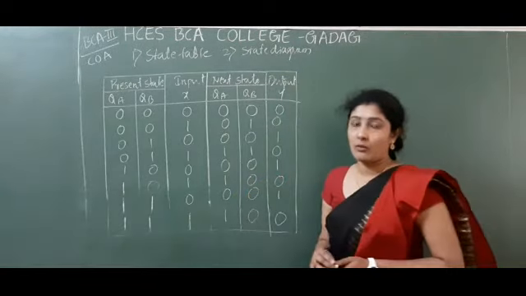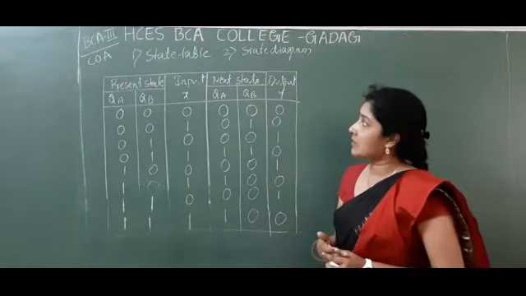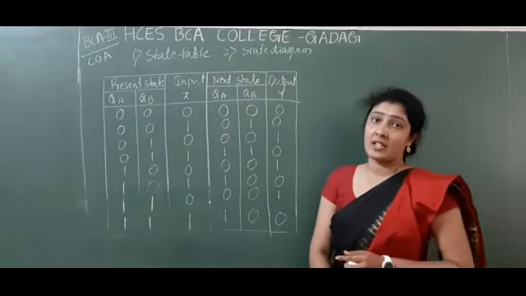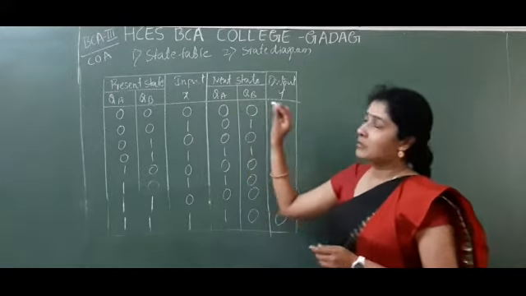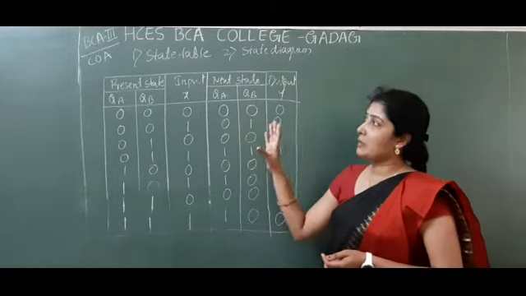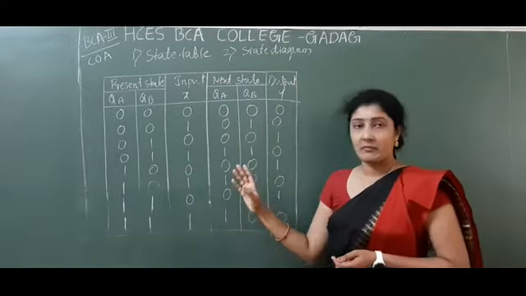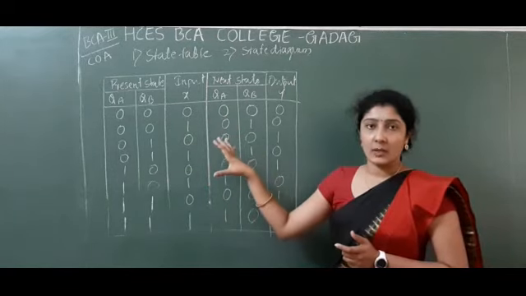So now we shall study the last concept of this chapter, that is state table and state diagram. So what is this actually? See, both concepts are related to flip-flop circuits. Okay. So a state table is nothing but a truth table. So what is mentioned in the truth table?